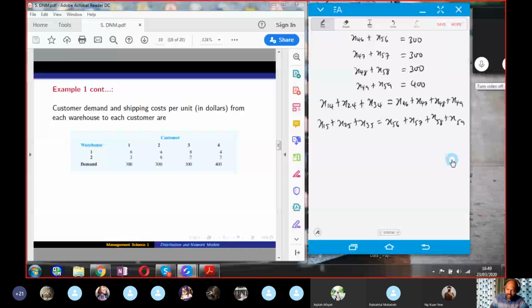Final one is non-negativity constraint. Non-negativity, just put xij greater or equal to 0. Okay, I told you what is i here. i is the label for the starting of the line. Okay, starting point of the line.